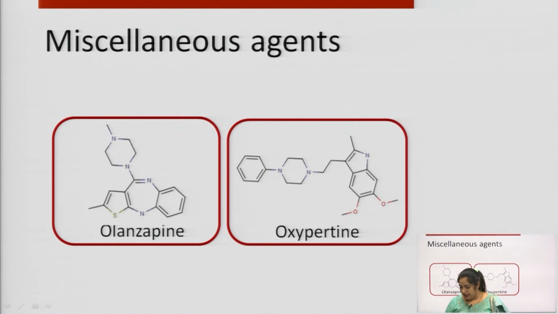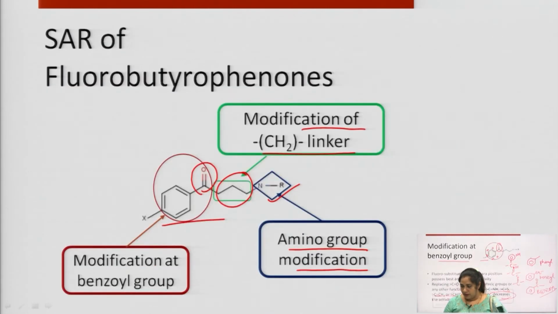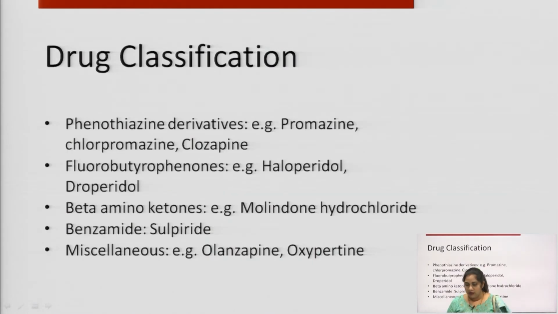Now, have a glance at the chapter that we have studied: different classes, phenothiazine derivatives, fluorobutyrophenones, beta aminoketones, benzamides and miscellaneous agents.